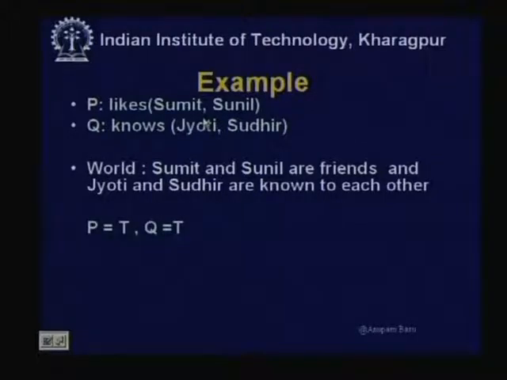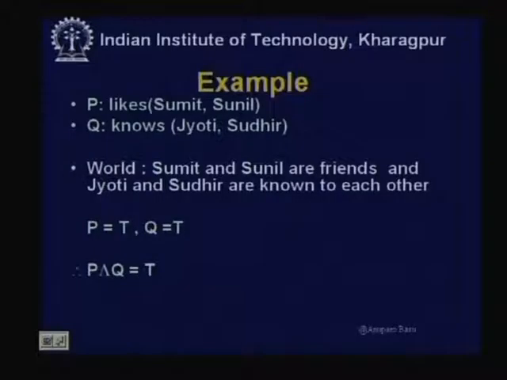So here P evaluates to true and Q also evaluates to true. Therefore, P and Q is true because both of them are correct.